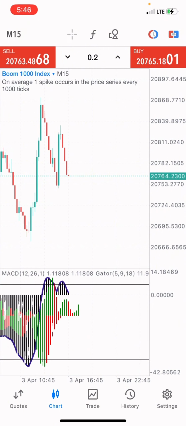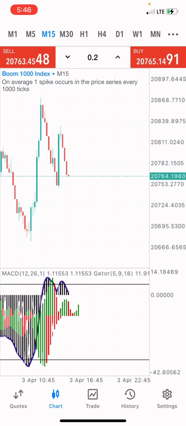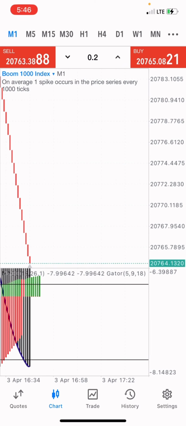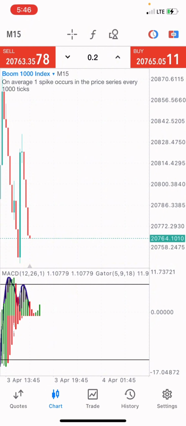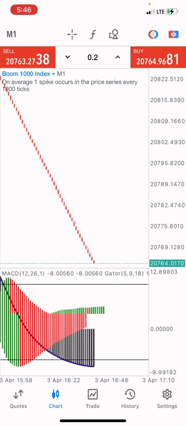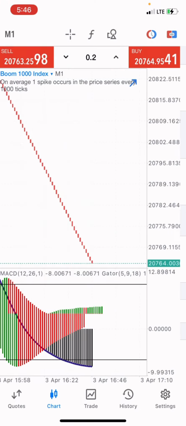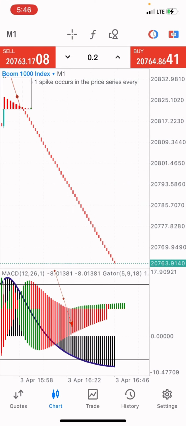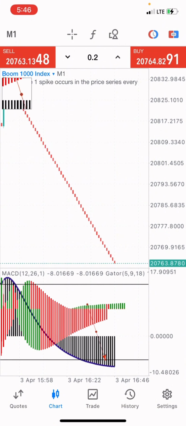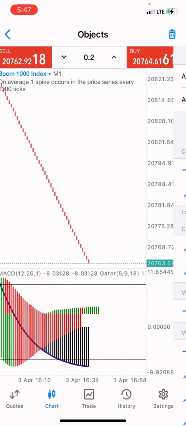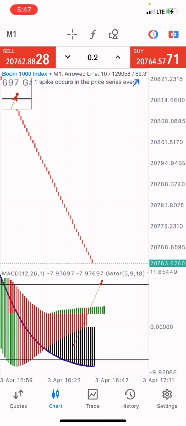Okay, now let's go over to the 1-minute time frame. You see all those things I explained played out on the 15-minute time frame, but the 1-minute time frame was saying something different. You can see that our MACD, the blue line running across our indicator window, was not at the level 85 of our stochastic oscillator at the time when all of that was playing out on the 15-minute time frame.